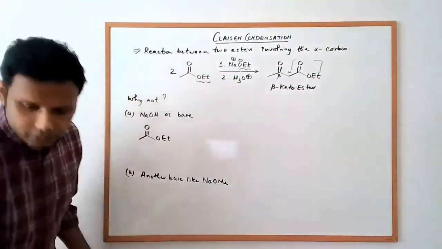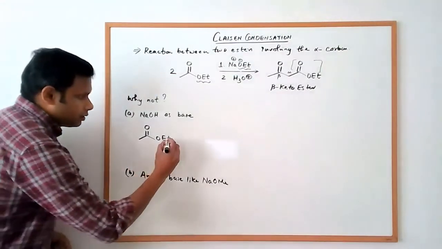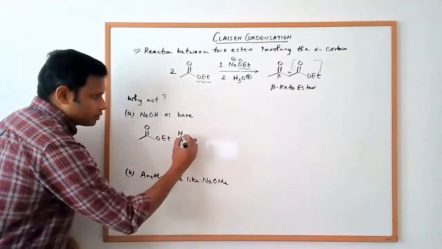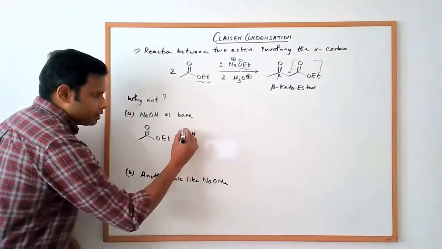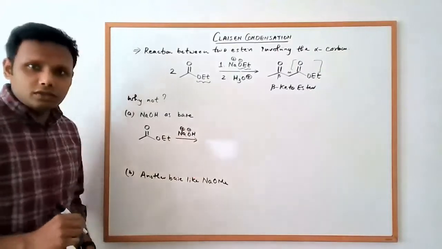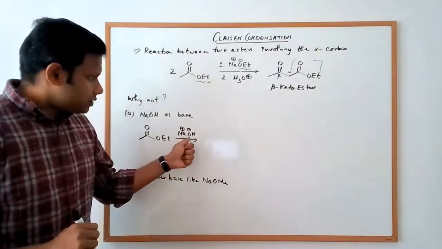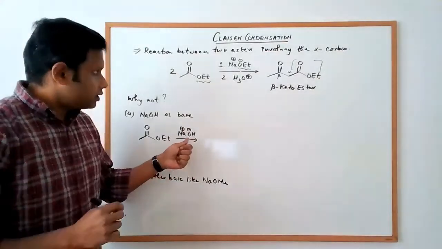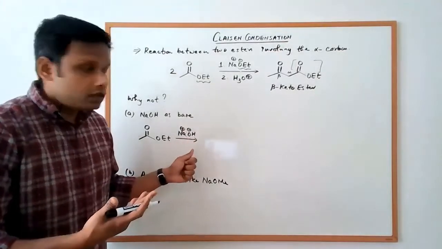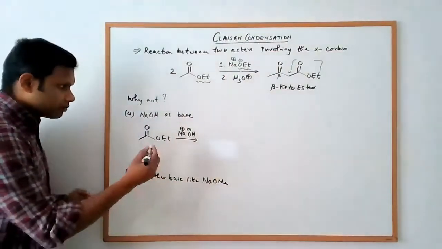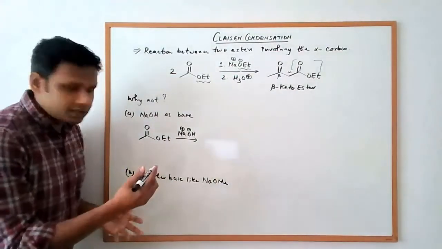So we have the ester and we have sodium hydroxide as a base. Yes, sodium hydroxide is as basic as ethoxide, almost the same. They have very similar basicities.